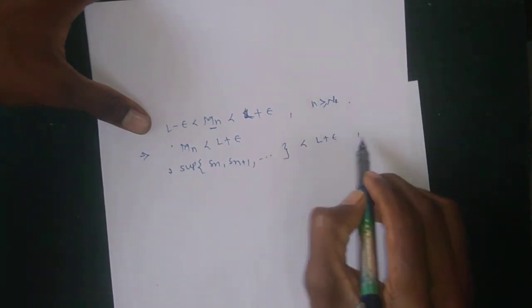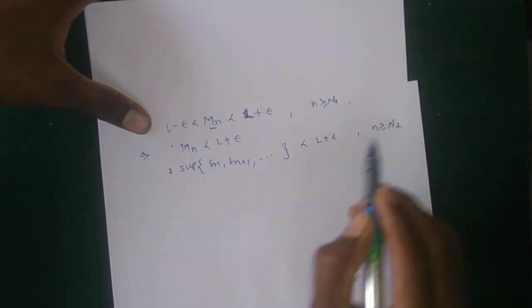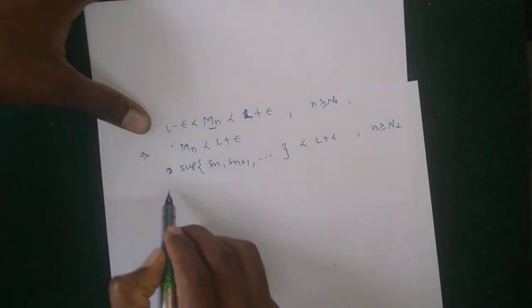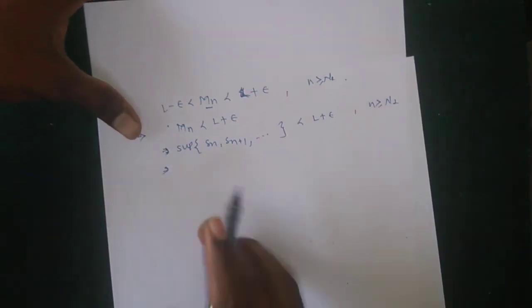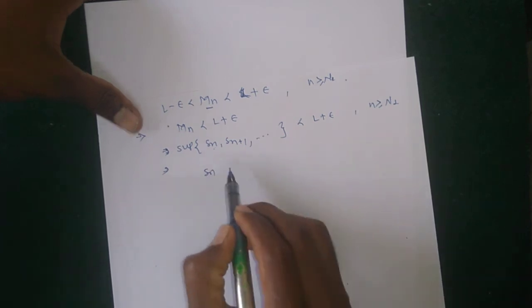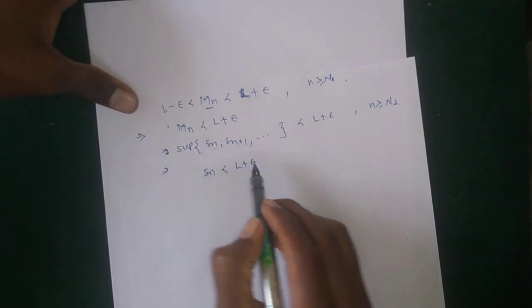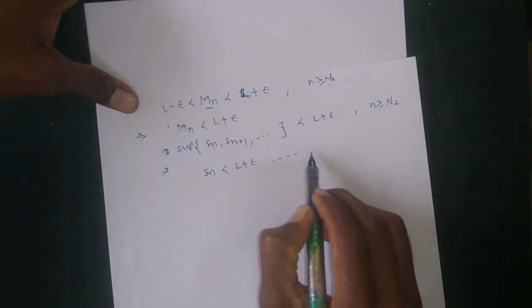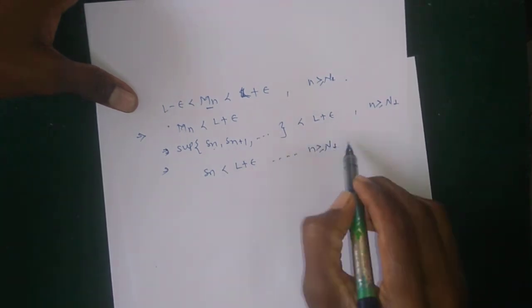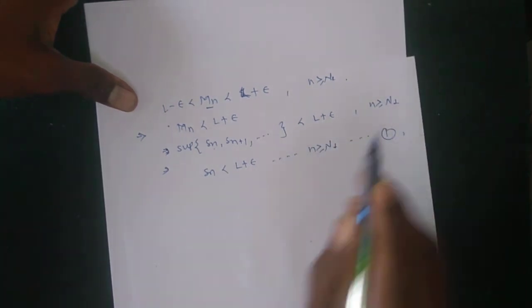Therefore Sn must be less than L plus epsilon, and this is equation number 1.